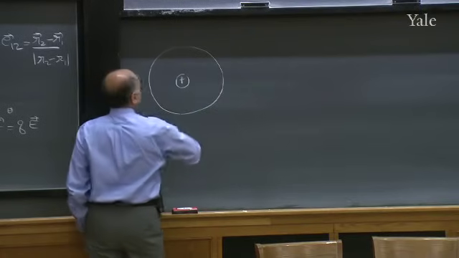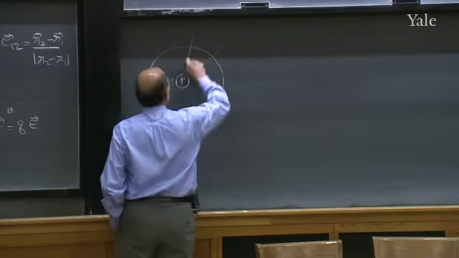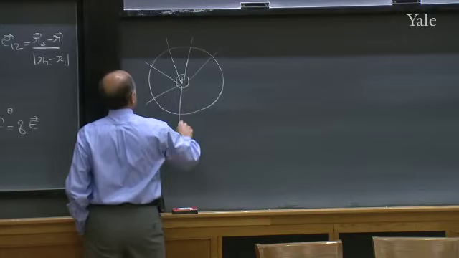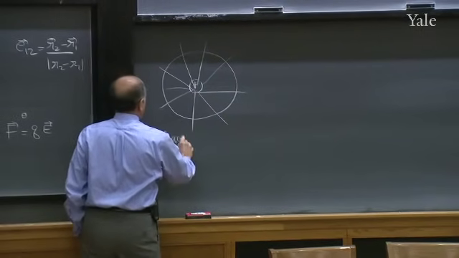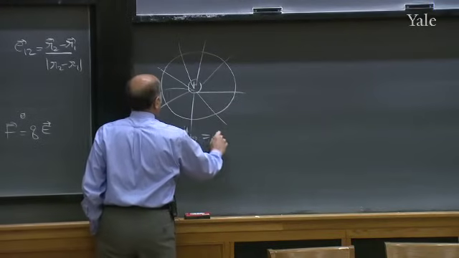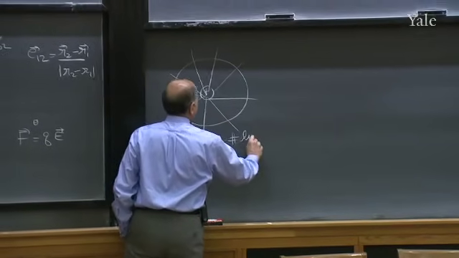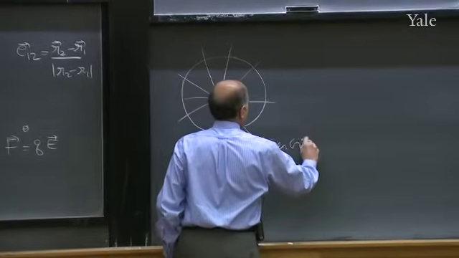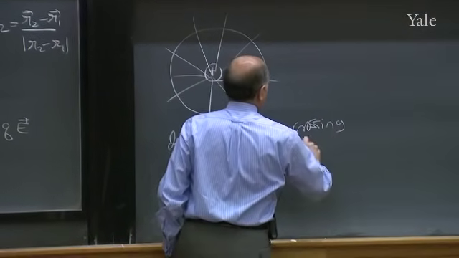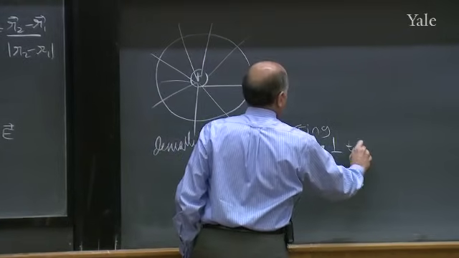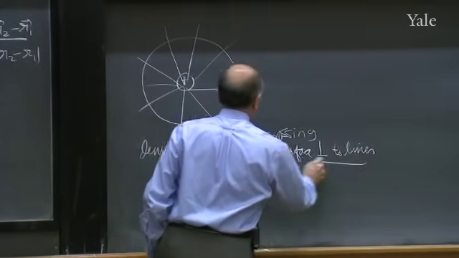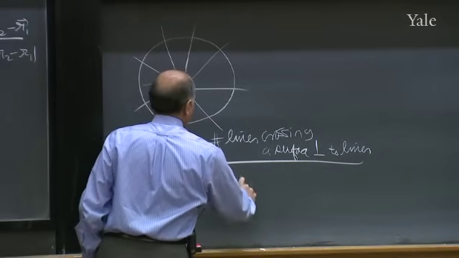Take a sphere of radius r, and here are all these lines going out. By density of lines, I mean the number of lines crossing a surface perpendicular to the lines divided by the area of that surface.